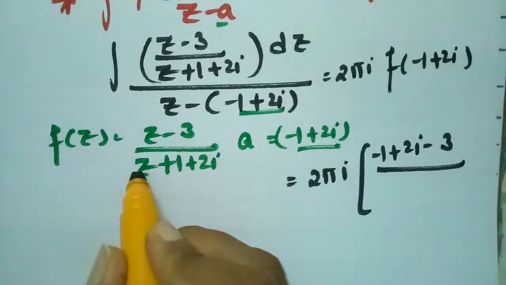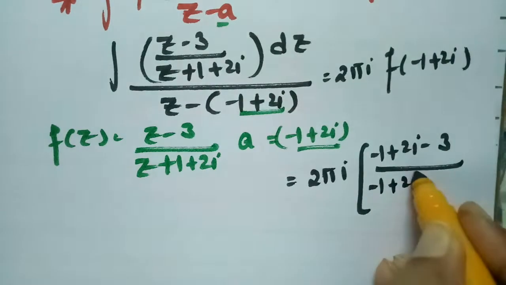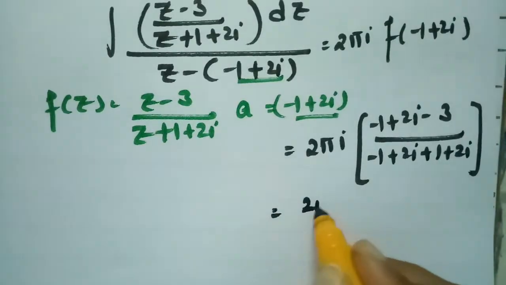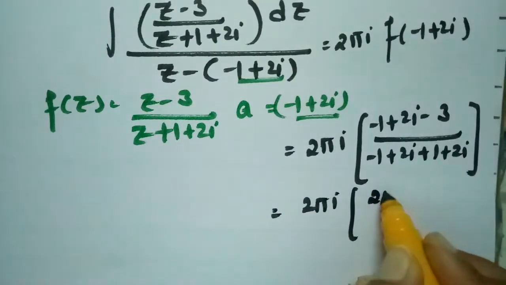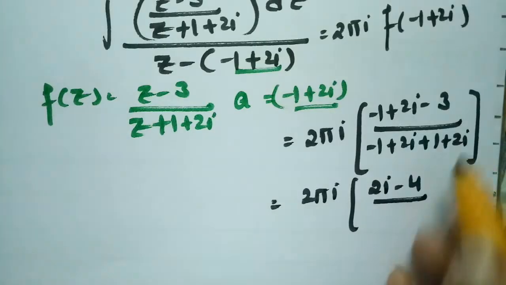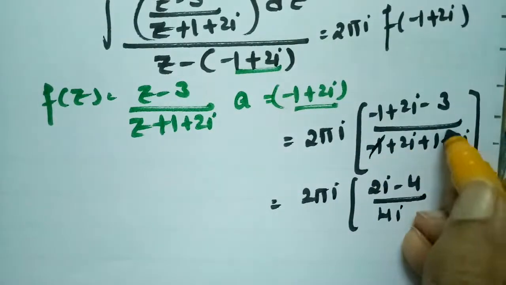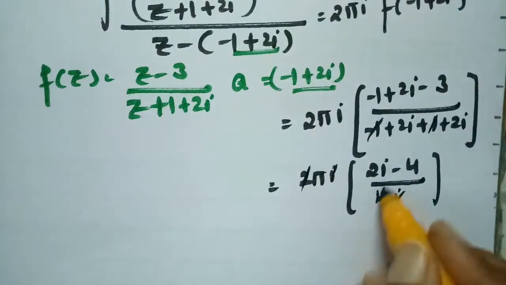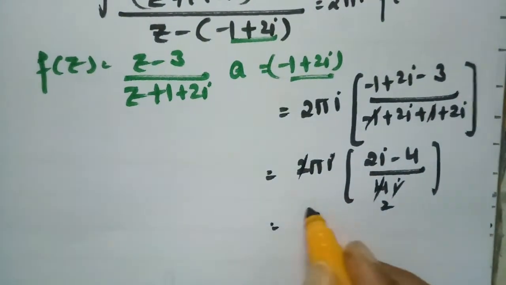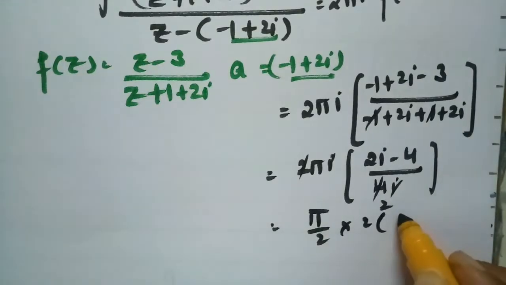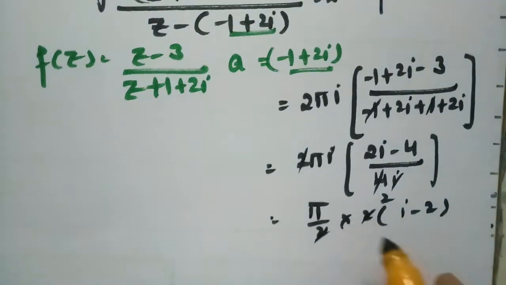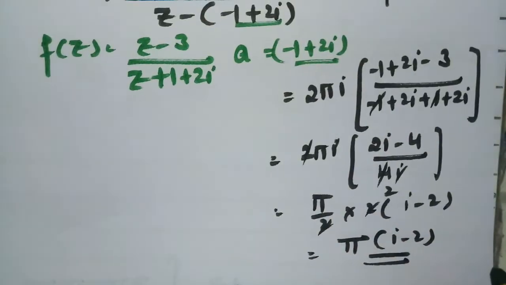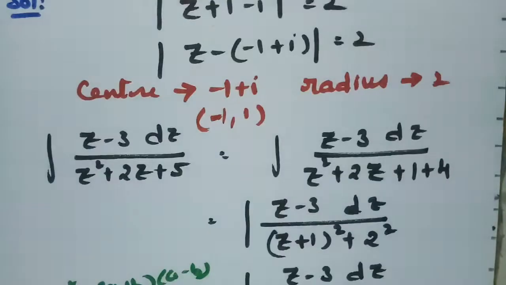So in place of z I am writing minus 1 plus 2i, plus 1 plus 2i. See here, this will be 2 pi i times of minus 4 by 4i. So I can cancel these two. This is pi by 2 times of, if I take 2 common, this is i minus 2. So the value here is pi times of i minus 2. So this is how we have to solve, and this is so simple if you follow these steps.